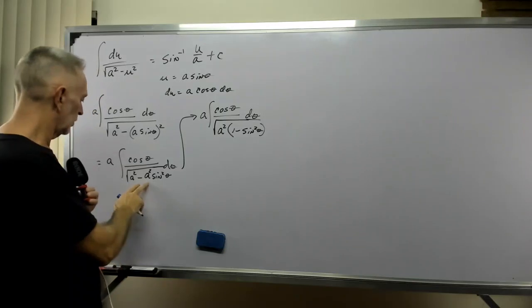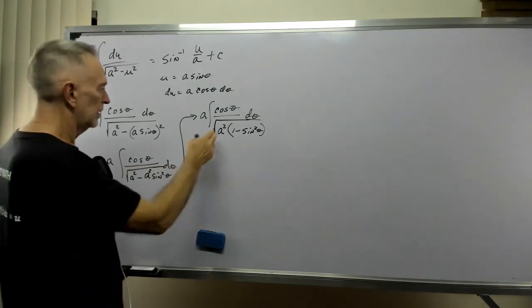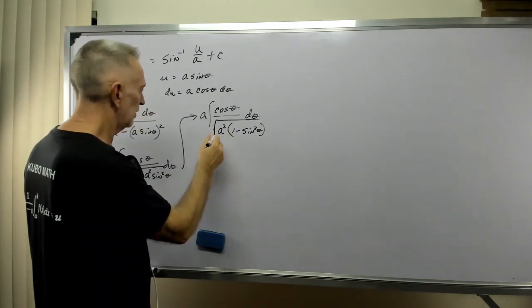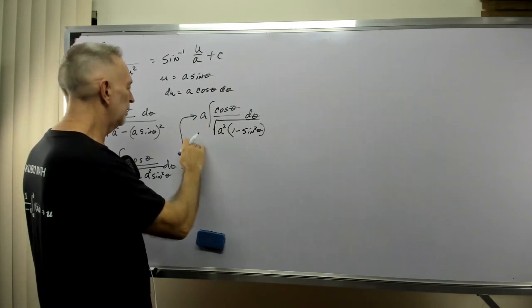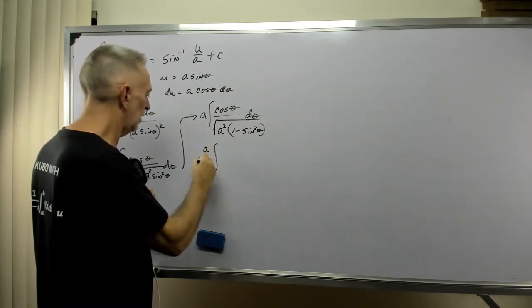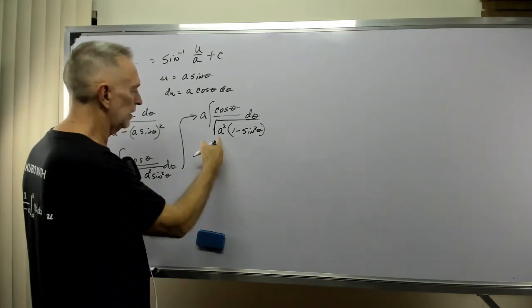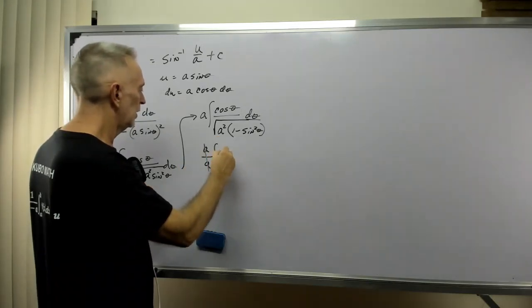All I've done is factor out the a squared. Now it's in the denominator. The square root of a squared is a, so that cancels the a outside and becomes 1.